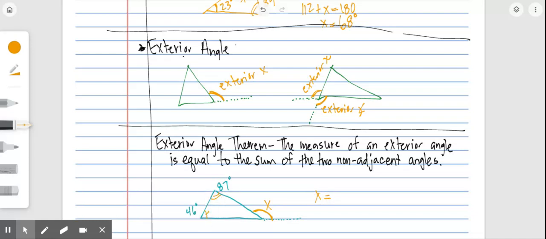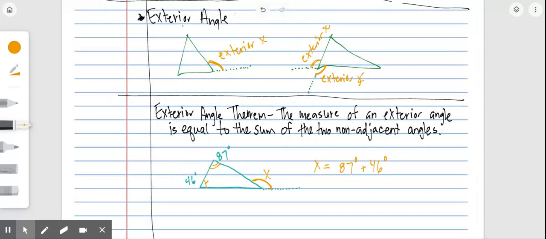And non-adjacent just means the ones that are not touching that exterior angle. So they equal 87 degrees plus 46 degrees. So angle x is going to equal the sum of those 2 that are not touching it. All right, so that's the exterior angle theorem.